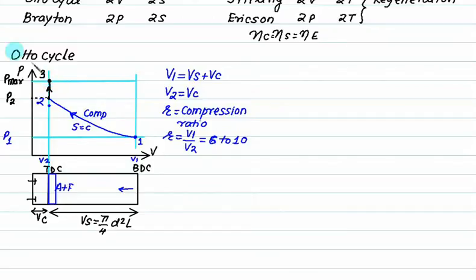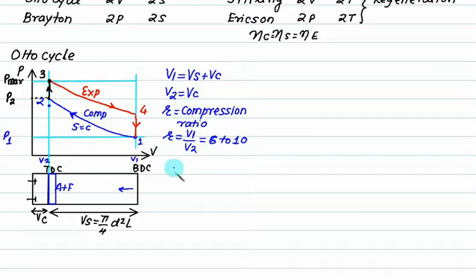From 3 to 4, we have an isentropic expansion. In that case, the piston will move from TDC to BDC, executing a power stroke. So from this, it will expand like this up to point 4. Again, the piston will reach BDC and the exhaust gases are expelled. This process is called the expansion process. This one is the constant volume process, that is the heat rejection. This is the constant volume heat addition.